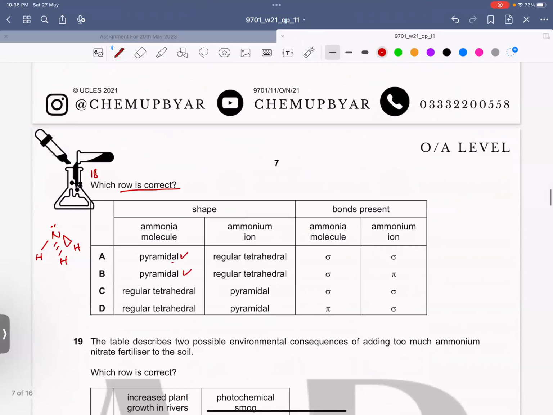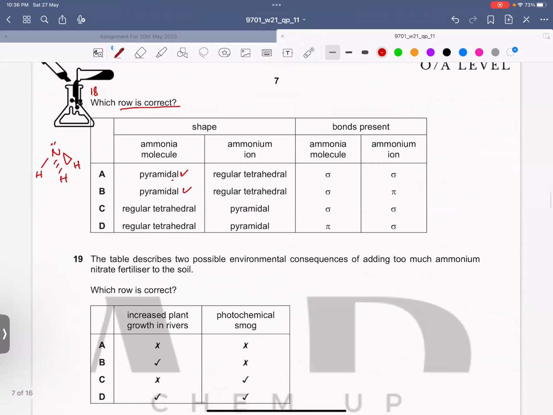Okay, so it's pyramidal. So from the first column, we can easily figure out that our C and D options are wrong. If you look at the ammonium ion, it has this shape, which is tetrahedral.